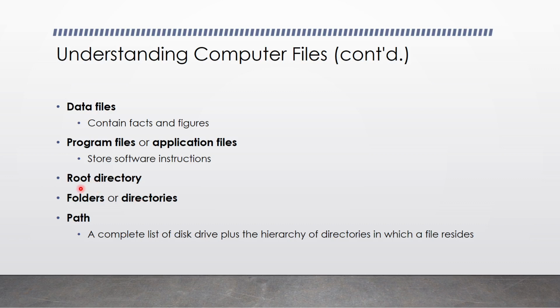However, for better organization, most office clerks place documents in folders, and most computer users organize their files into folders or directories. A complete list of disk drive plus the hierarchy of directories in which a file resides is its path.